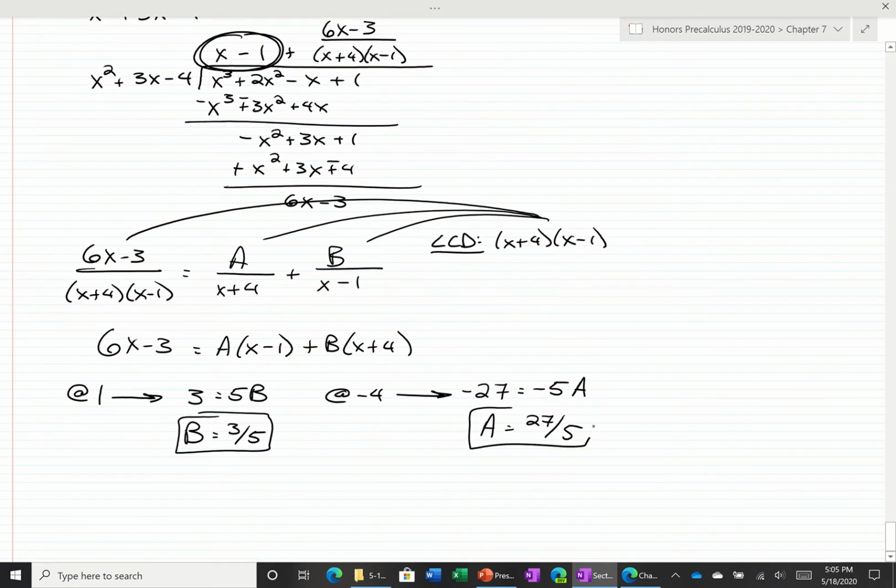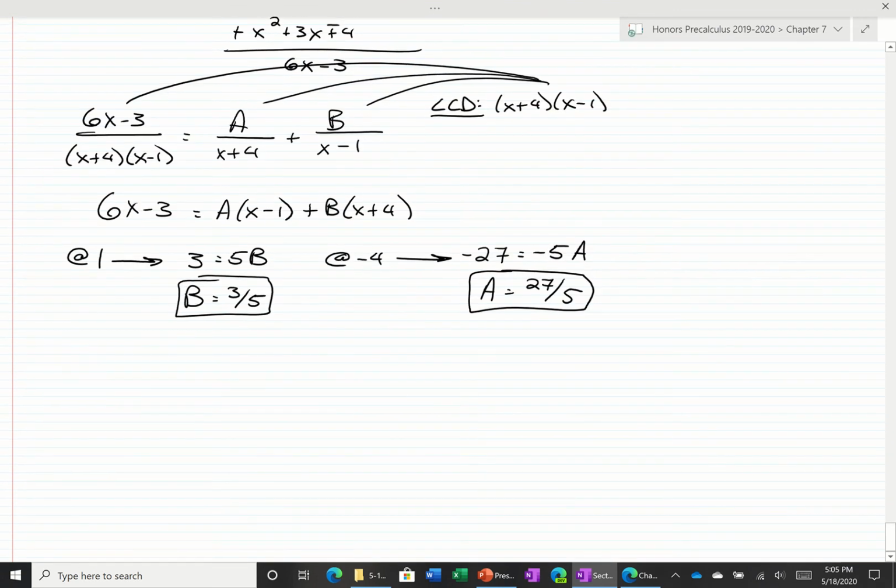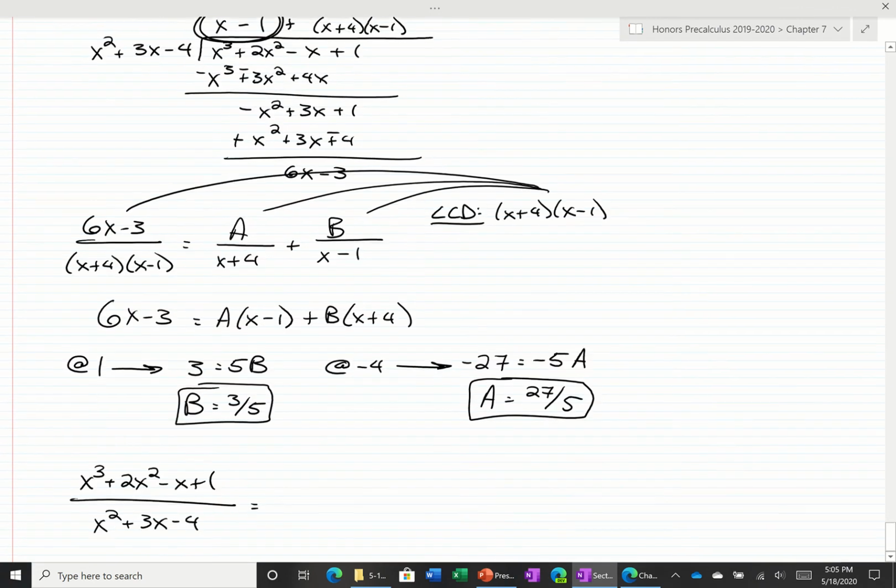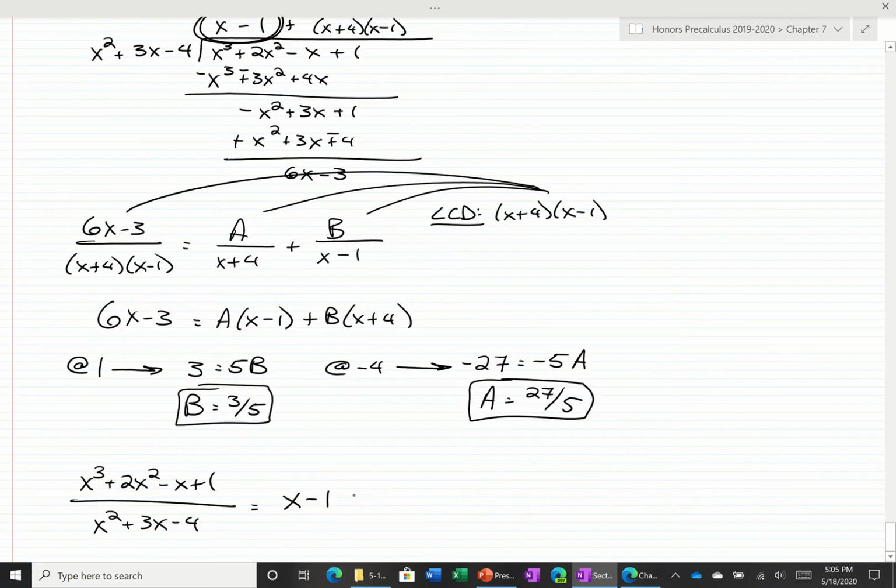So tying it all together, (x to the third plus 2x squared minus x plus 1) over (x squared plus 3x minus 4) is going to equal the whole part, which was x minus 1, plus a over x plus 4 plus b over x minus 1.